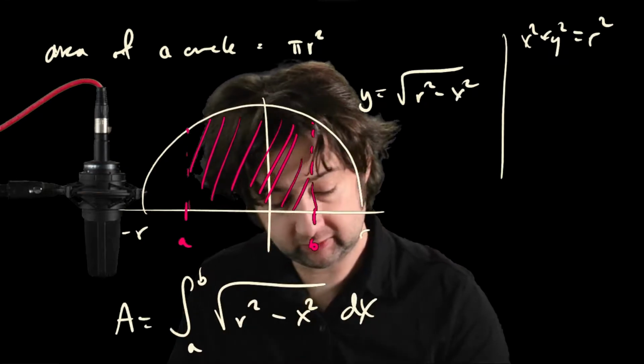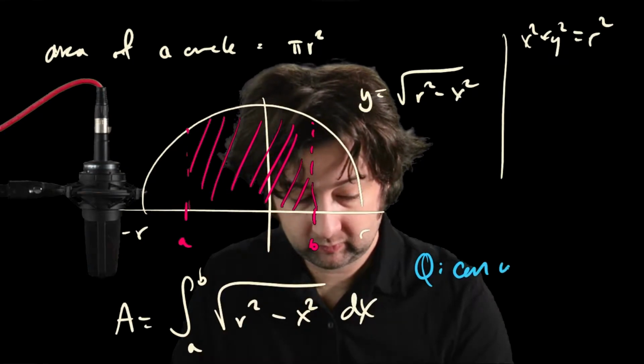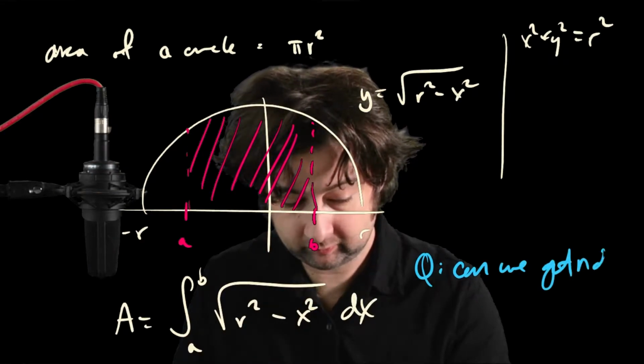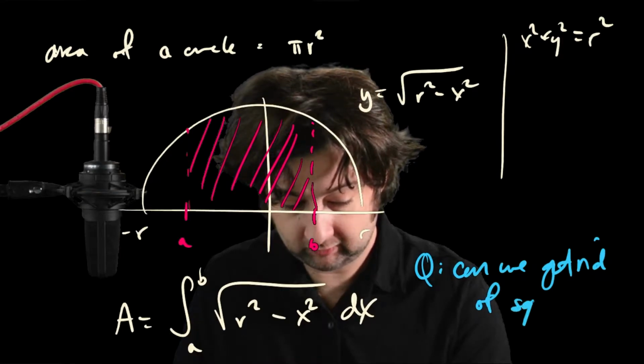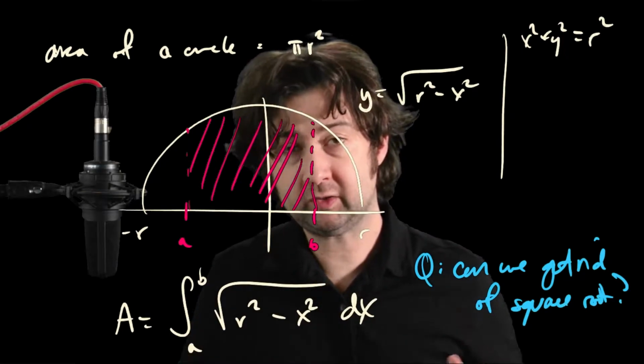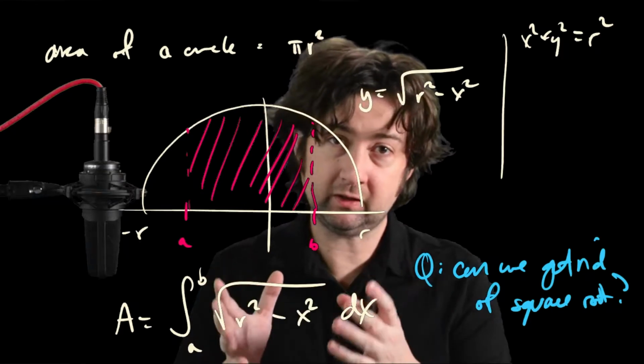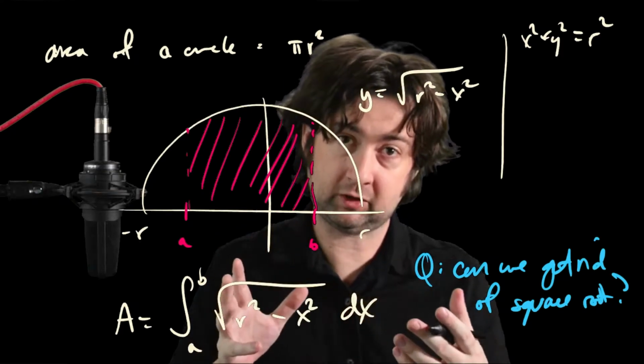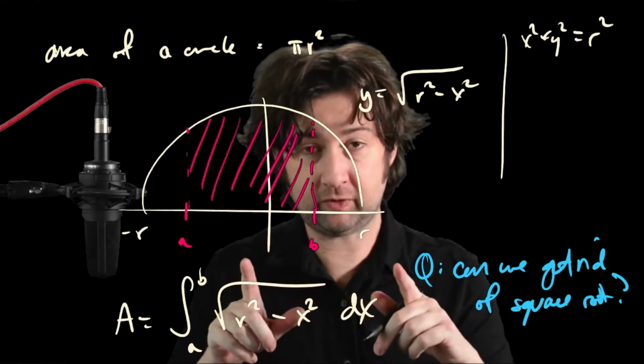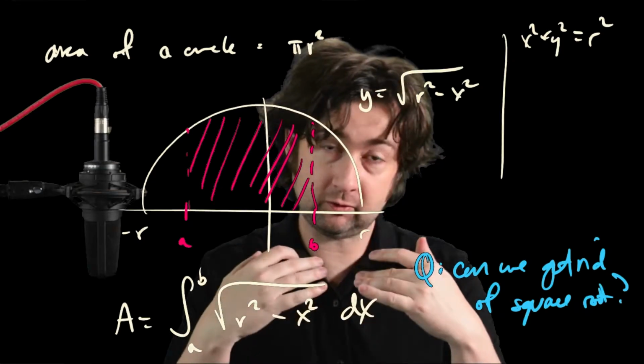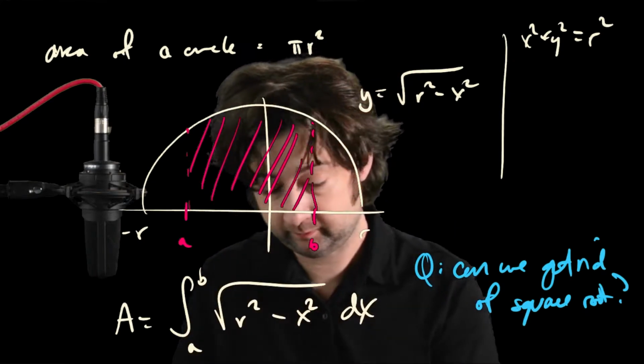So the big question is, can we get rid of the square root? We're going to address this problem by converting this expression into another expression where it's just a single function squared, and then the square root and the square will cancel each other.